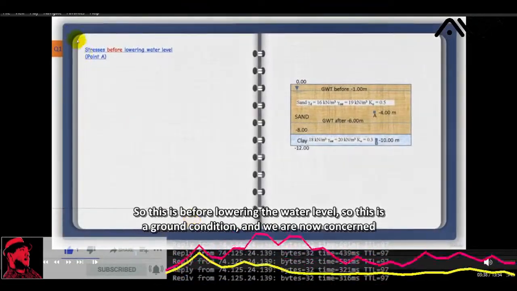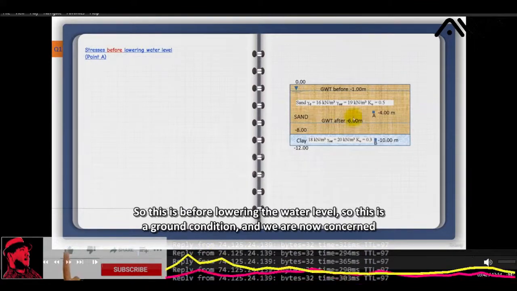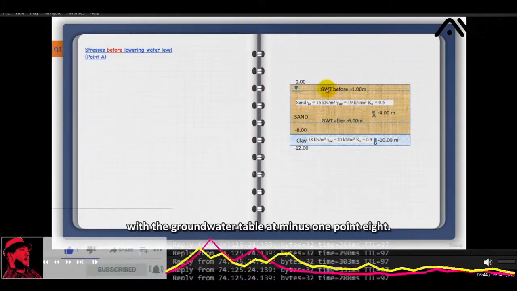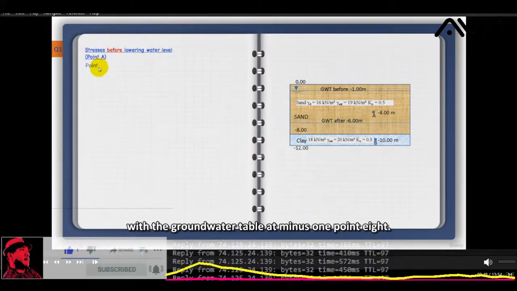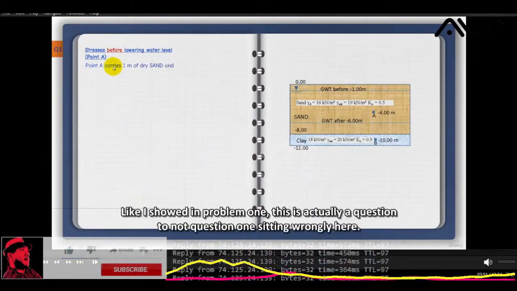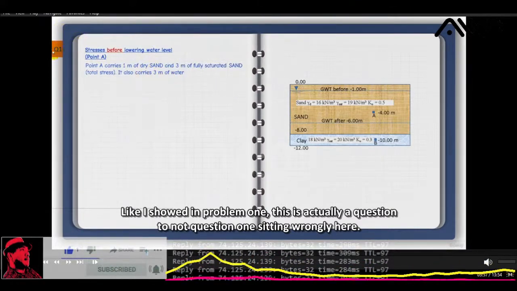So, stresses before lowering the water level. This is the ground condition, and we are now concerned with the groundwater table at -1. Point A, like I showed in problem 1, this is actually question 2, not question 1. It's written wrongly here.